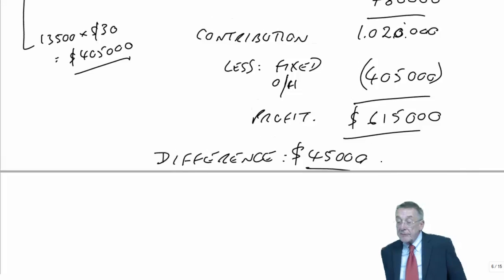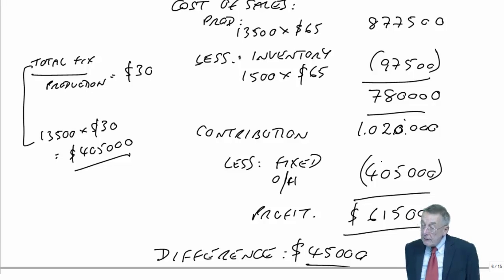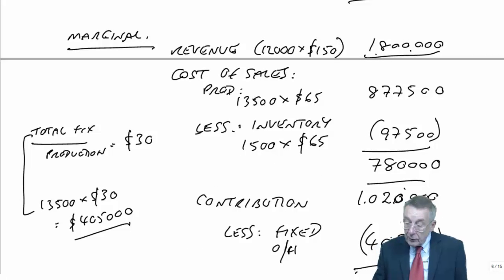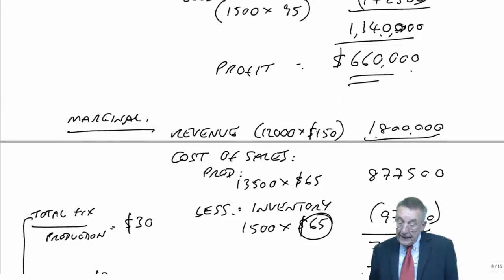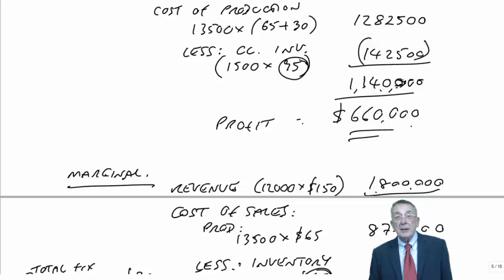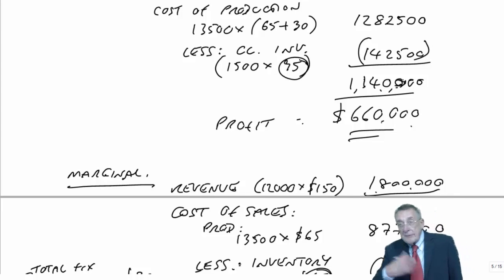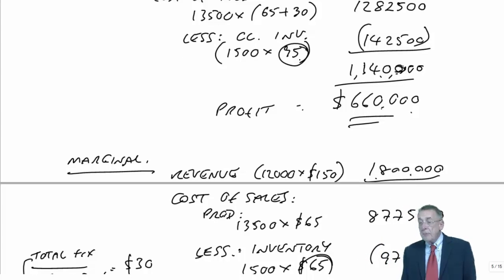Why are the profits different? The only reason they're different is because of the way the inventory's been valued. It's been valued at 65 with marginal and 95 with absorption. Different inventory values will result in different profits.